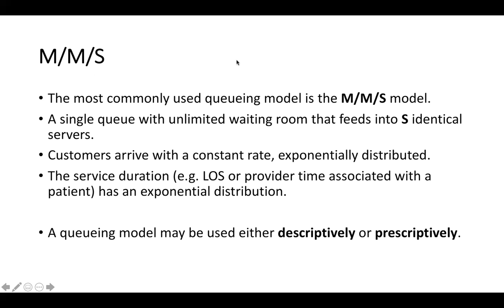The time between arrival of customers has an exponential distribution, and that's why I have the letter M for the first part. So the first character shows the inter-arrival time between the patients, the time between arrival of consecutive patients. And M means the time between arrival of consecutive patients has an exponential distribution.